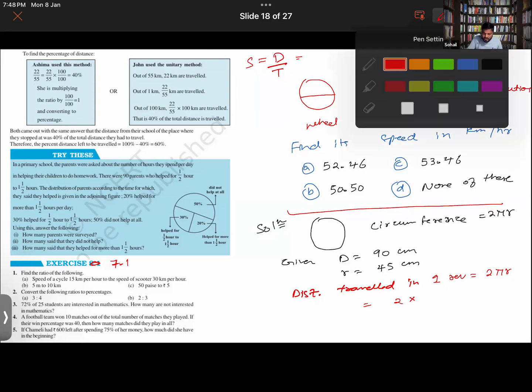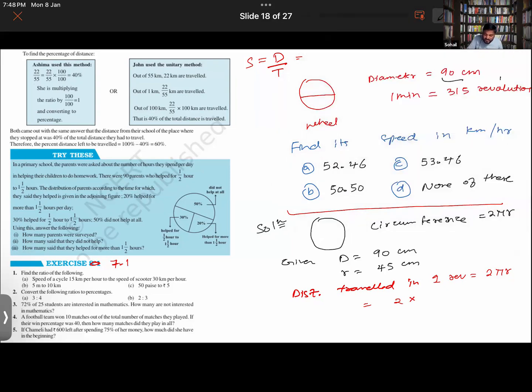And you should also know that the value of pi is 22/7 in fraction, and 3.14 in decimal, right? Very good. So 2 times 22/7 into 45. The approximate value would be 44 times 45/7, so 28.2.